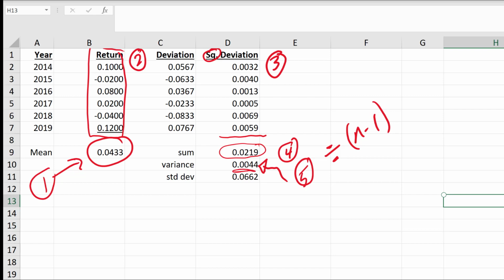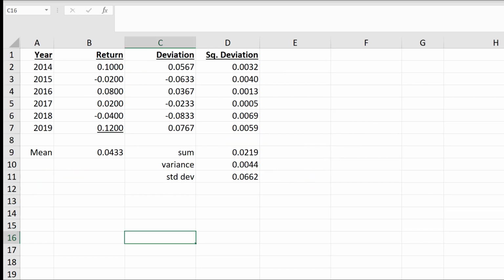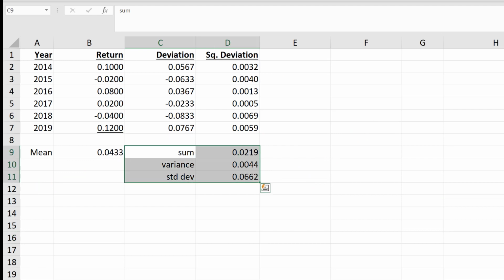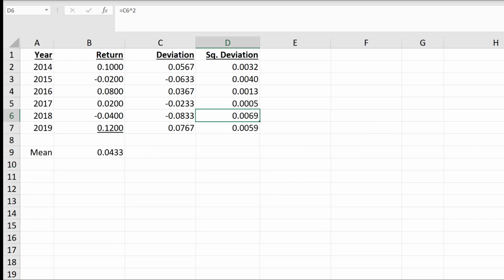So that's the variance. Now let's tweak this spreadsheet just a little bit as a segue into the covariance calculation.